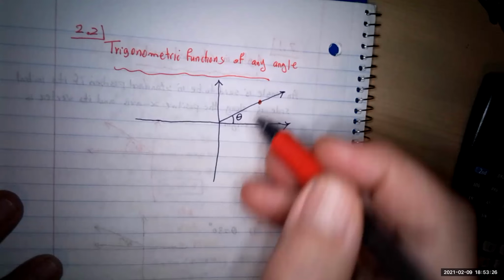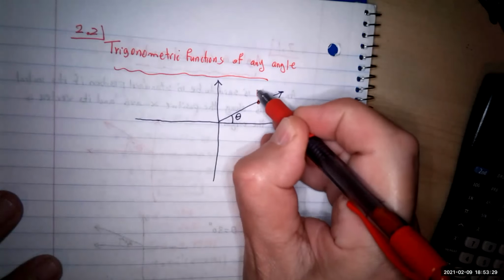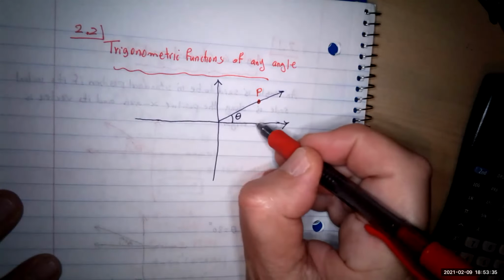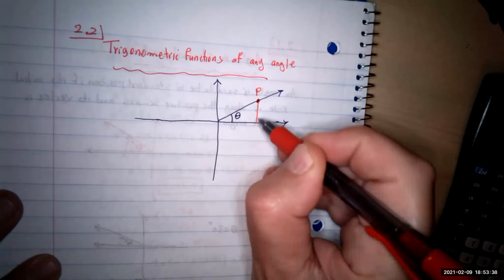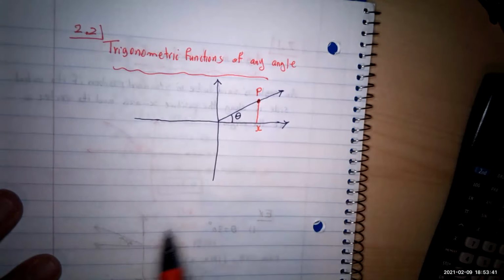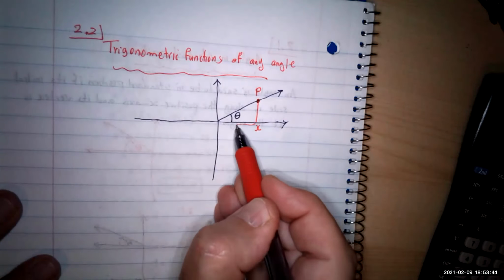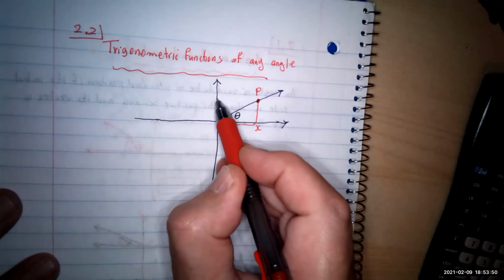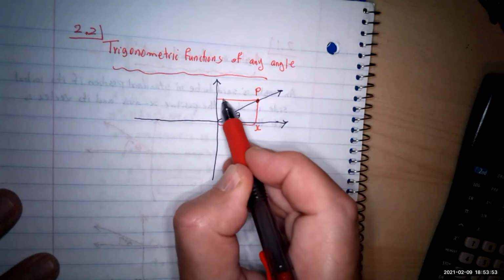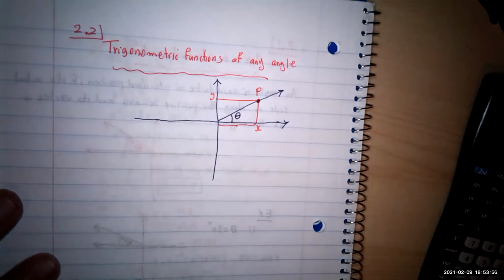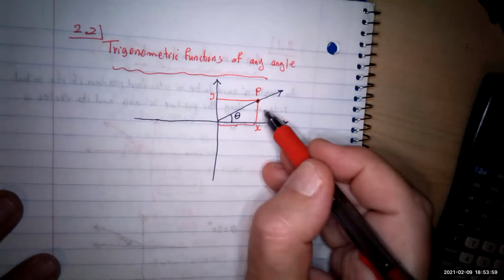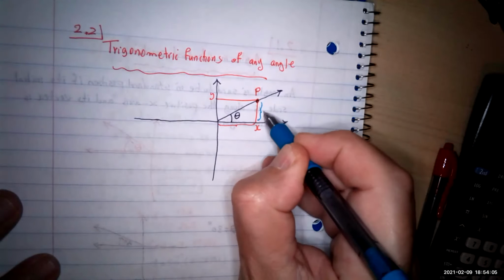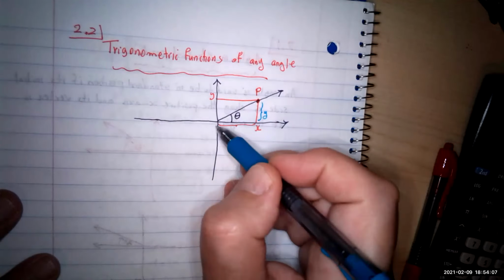I'm going to call this point P. A point has an X and a Y coordinate. This distance here is X, and this one is the Y coordinate, equal to Y. So this portion is equal to Y, which is the same as this part.